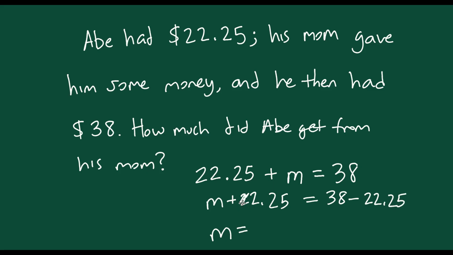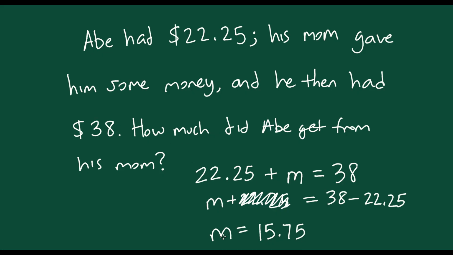Over here it cancels out. M equals, now what's this part? 38 minus 22, that would be 16. That would be $16. And then $16 minus 25 cents would be $15.75.